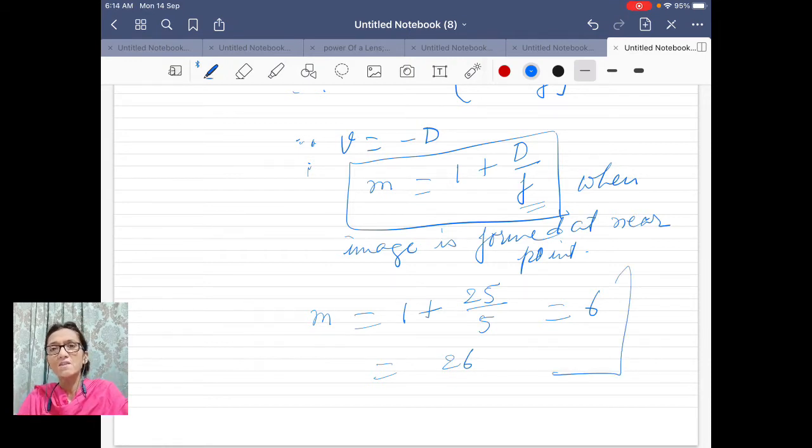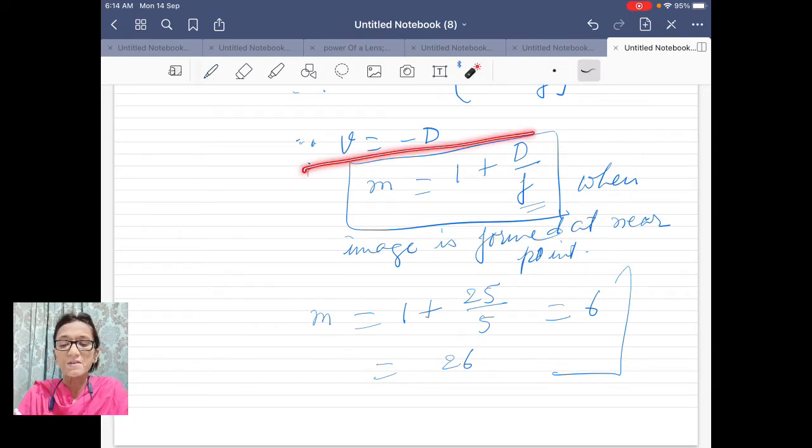So while using any converging lens as a magnifying glass, as a simple microscope, we should take the focal length of the converging lens small, then only the magnification will be large. So this is the case when the final image is obtained at your near point.